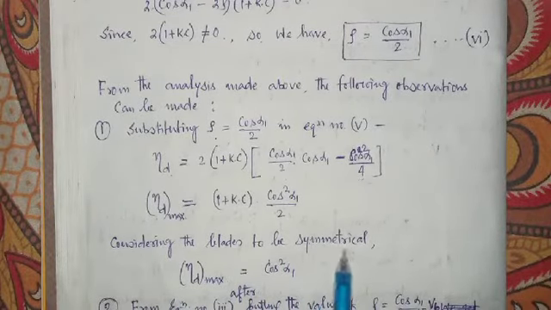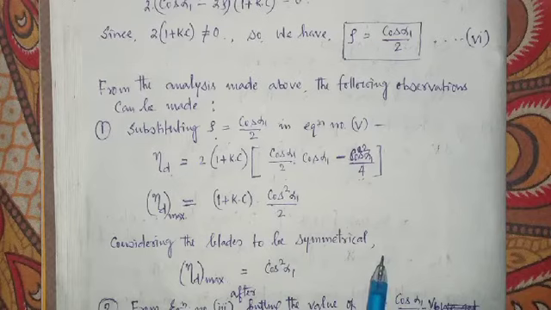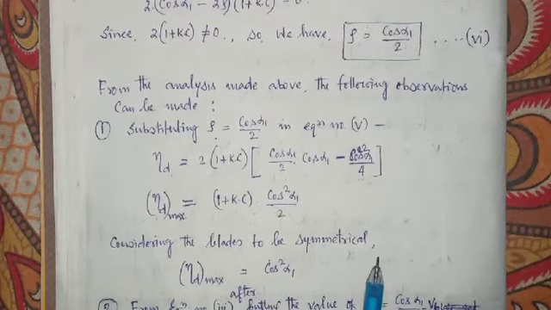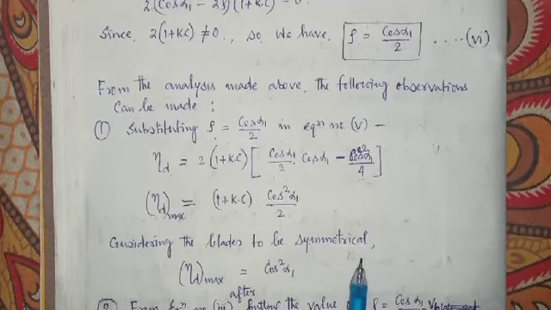The meaning of a symmetrical blade is that beta 1 equals beta 2, and the ratio of cos beta 2 by cos beta 1 will be equal to 1, which is C. And obviously, neglecting the friction in the blade passages means K has to be equal to 1.